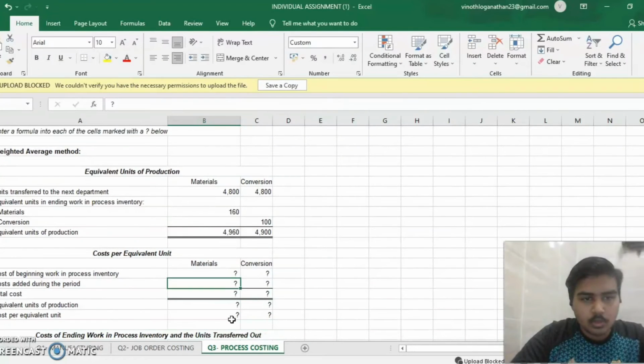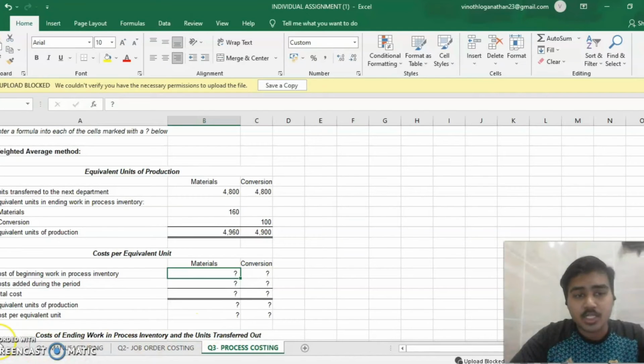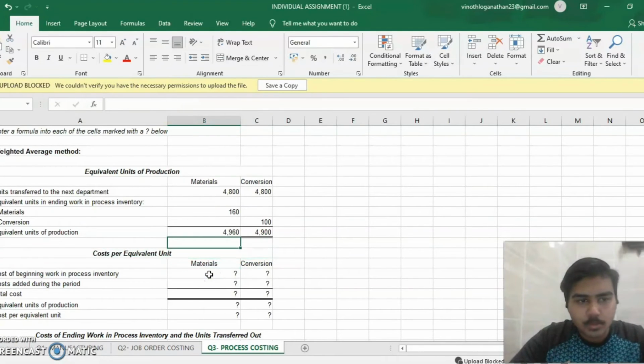Now we have the cost of beginning work in process inventory for materials.